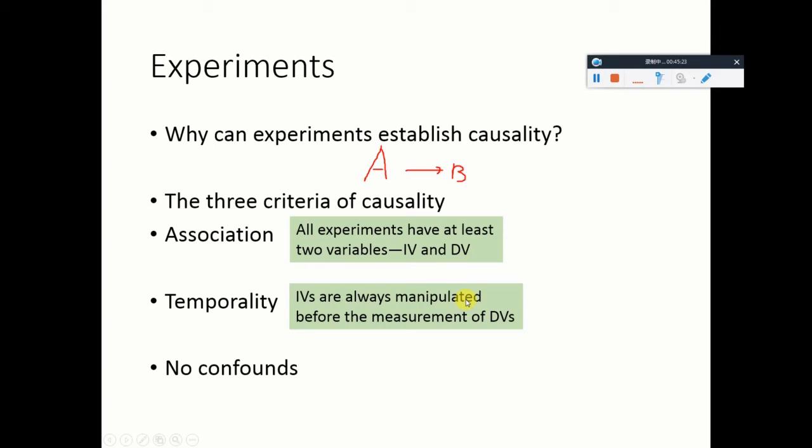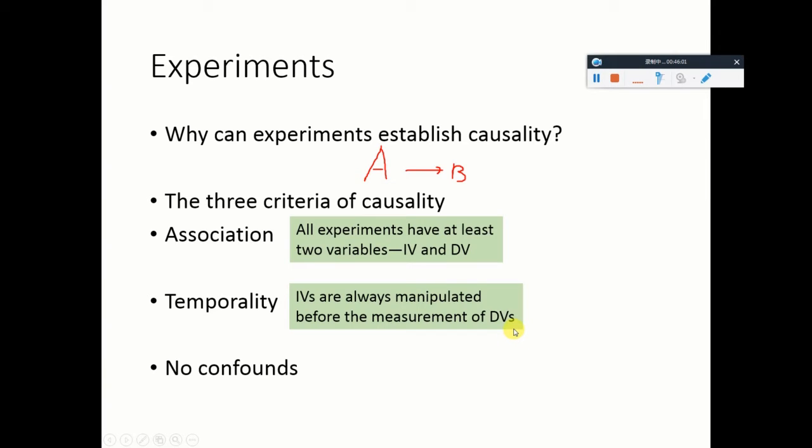So that's why we cannot rely on self-reports of independent variables to establish causality. We must manipulate the independent variable on the spot, right? We make people study for different amounts of time. Then we measure their academic performance, right? So studying for different amounts of time happens first, and then we measure their performance in a certain kind of test. That way, we'll be able to make sure that indeed the cause, time spent studying, happens first and the performance follows.